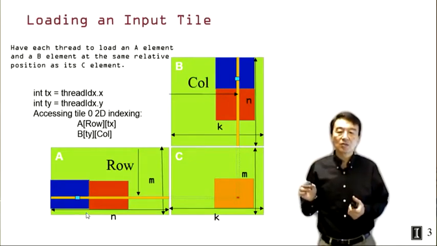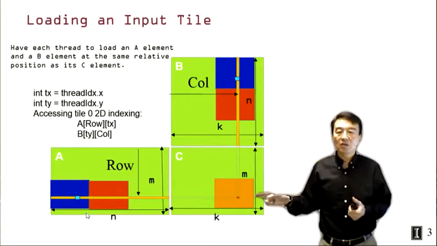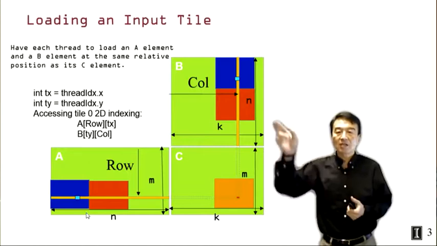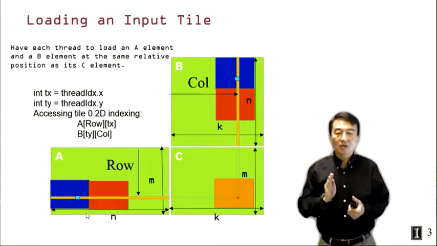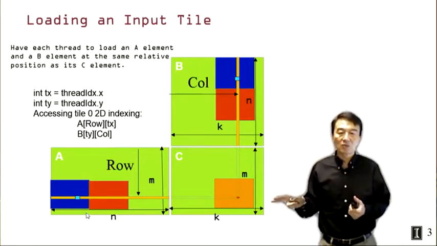So we're going to be able to calculate the address of the corresponding locations of the A element and B element in the tile as long as we set that location to be the same relative position as the C element that this particular thread is responsible for. During loading, the thread is responsible for a C element and an A element whose row index, or Y dimension index, will always be the same as the C element.